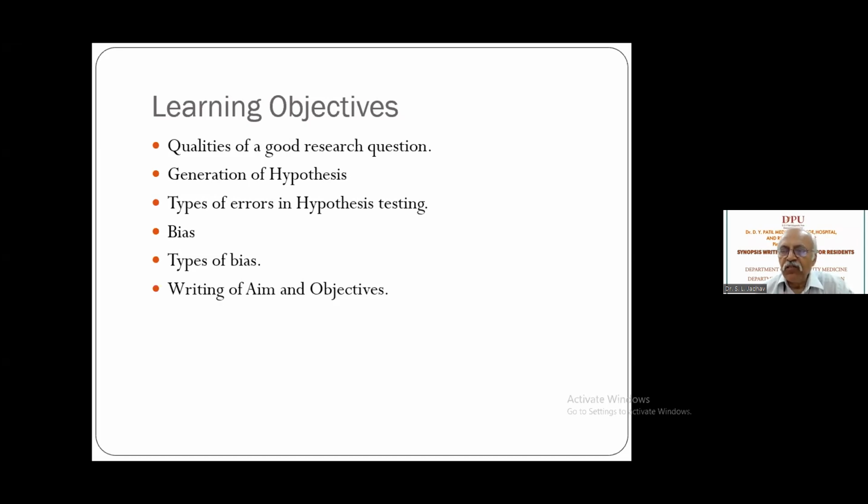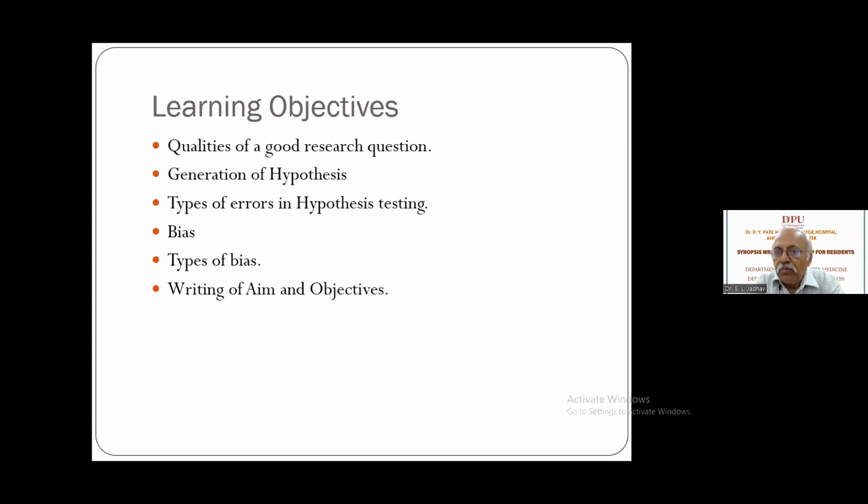We'll just briefly go over the nitty-gritty of hypothesis testing and what types of errors can come in hypothesis testing. Actually, you will be told this subsequently in more detail, but when you are making the research question, you have to think through.